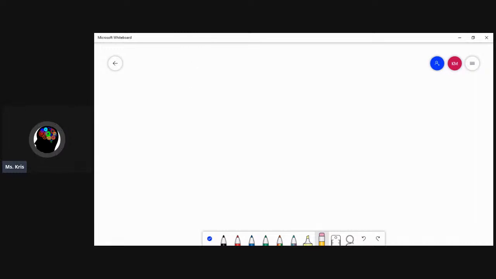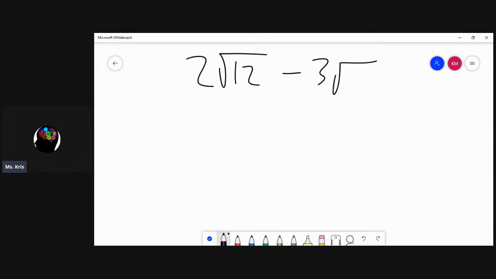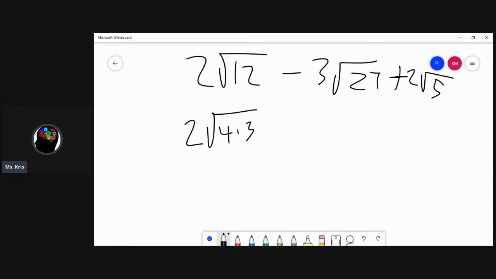Now, say for instance, you still had your 2 minus the square root of 12, and you had your minus 3 square root of 7, but your last term is 2 square roots of 5. Well, the first two terms still break down the same.